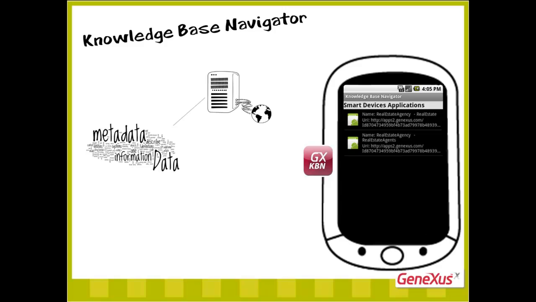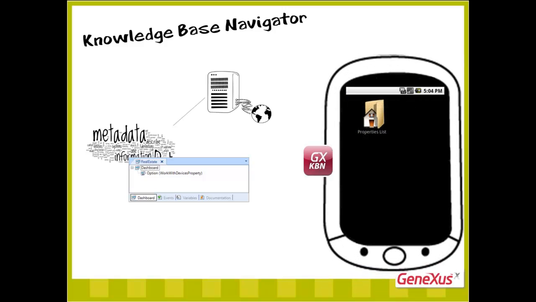For instance, it's capable of reading from the metadata the dashboard information of the URL selected, the images to be used, in this case only one, corresponding to the only option, the text in the option, and the invocations to be made by tapping on it. And based on that, it sets up and deploys the interface on the device.